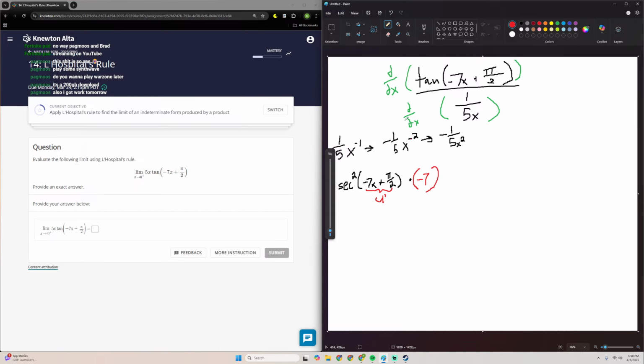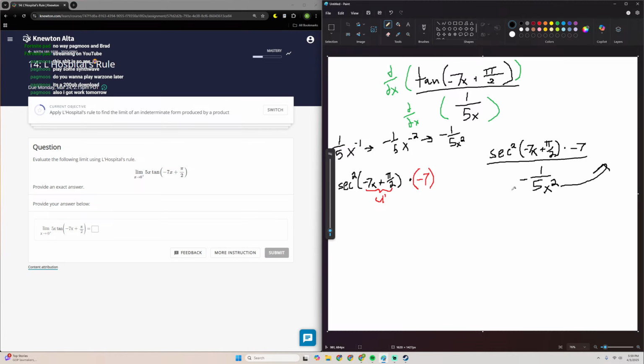Yeah, it's just negative 7, because pi over 2 is just a constant. So now we have secant squared negative 7x plus pi over 2 multiplied by negative 7 divided by 1 over negative 5x squared.